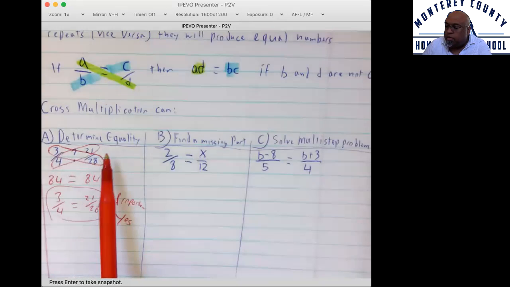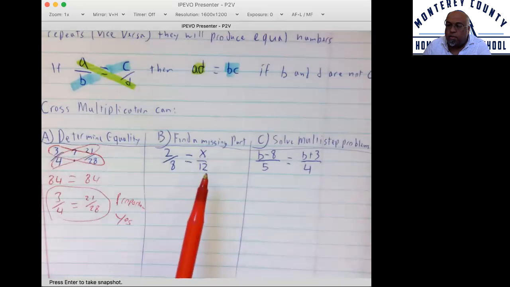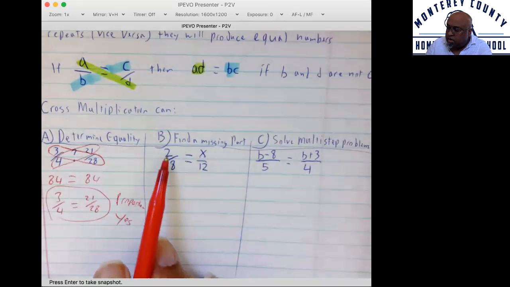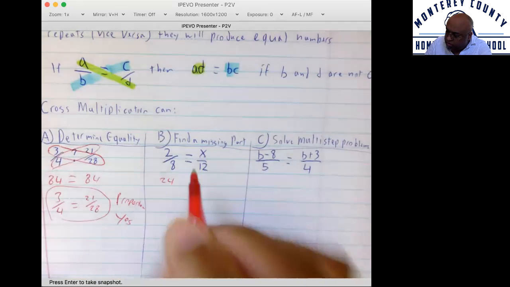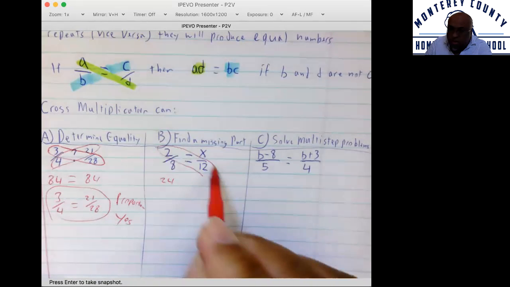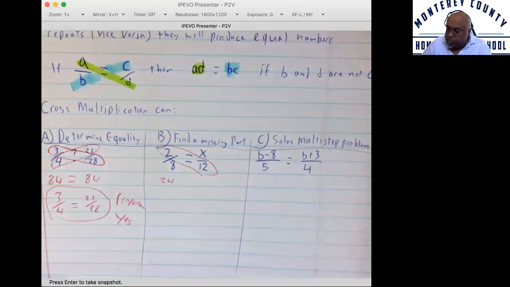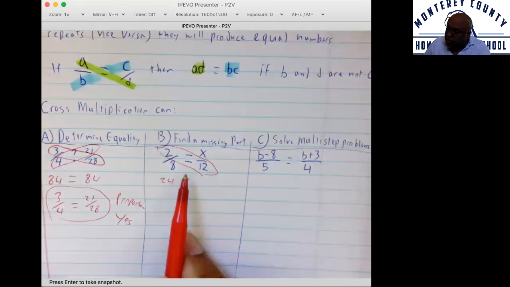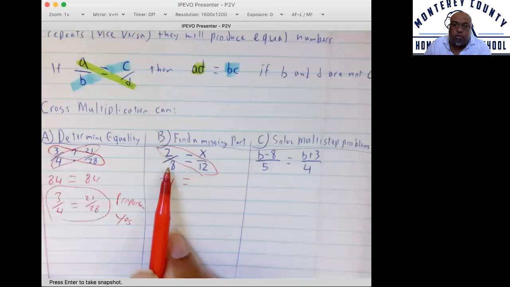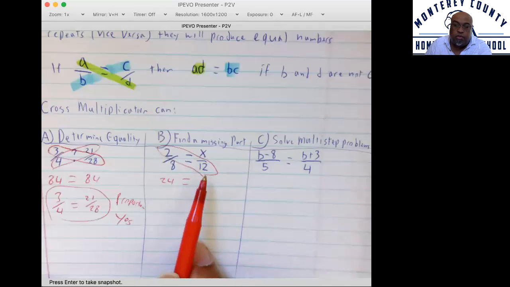So it can determine equality, but it can also help you find the missing part. Let's try cross multiplying this. 2 times 12 is 24. Now, you notice in this one, there's no question mark. We know that these two ratios are equal, so they form a proportion.